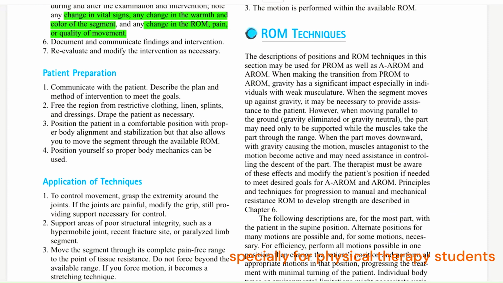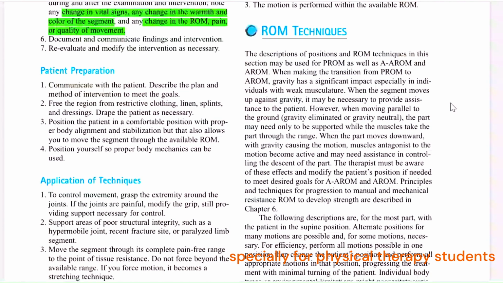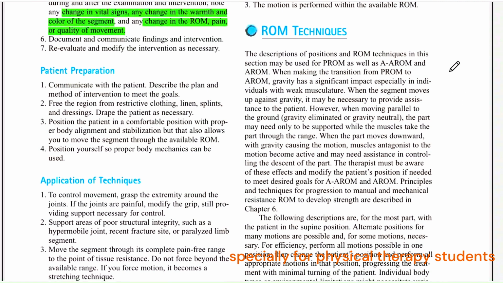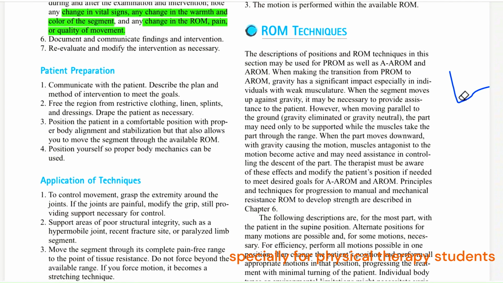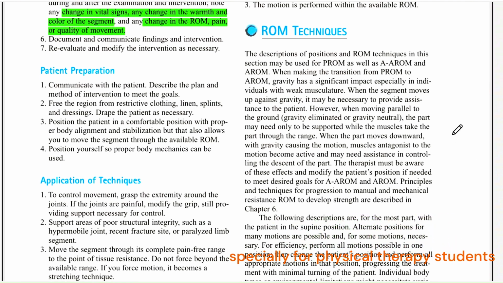You can consider elbow flexion as an example. We can just make a picture of that so you can easily learn from it.